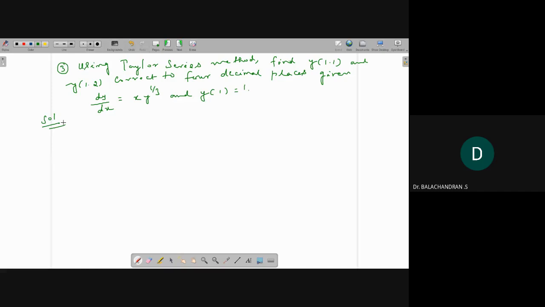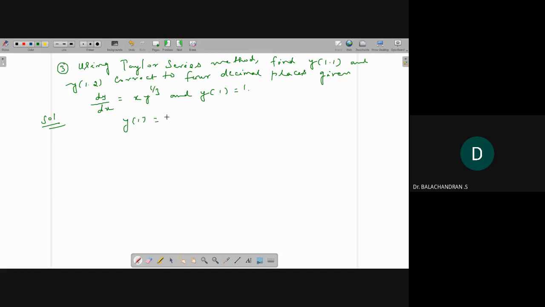So try this problem. So here, before going to y dash, y of 1 equal to 1.